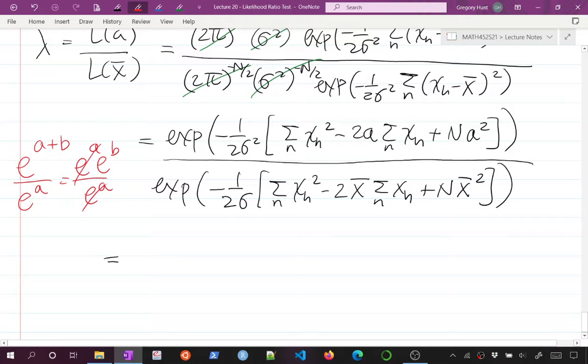So I can basically cancel that a with that a. And I can do this in this form. For instance, that will cancel with that one. And is anything else going to cancel? I think that's the main one.